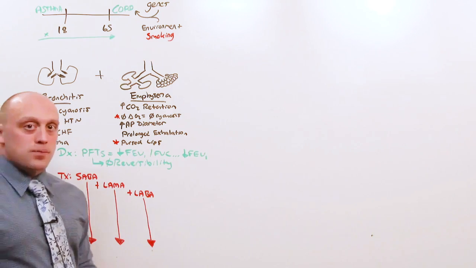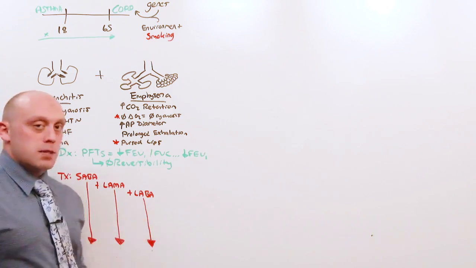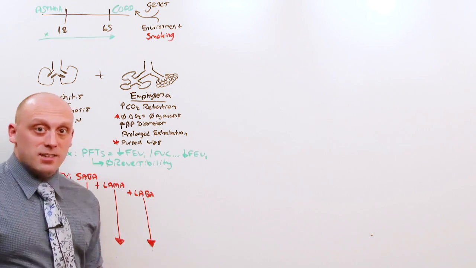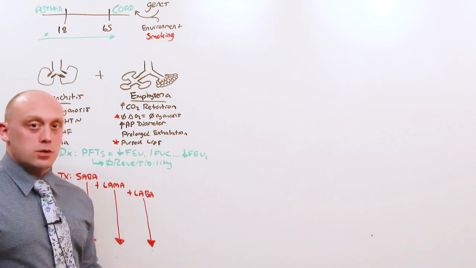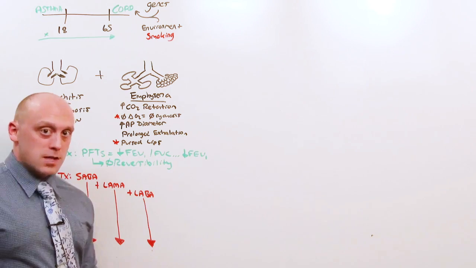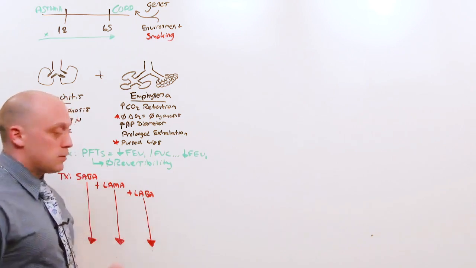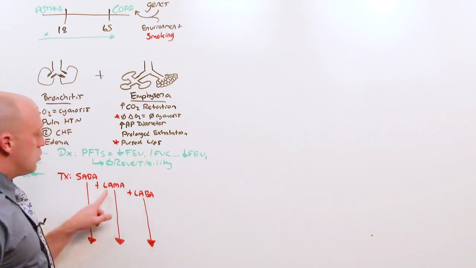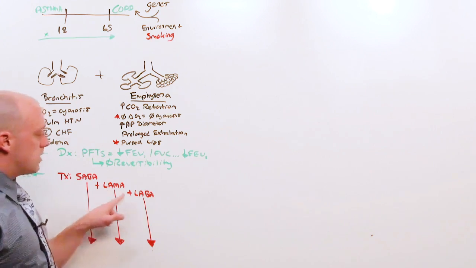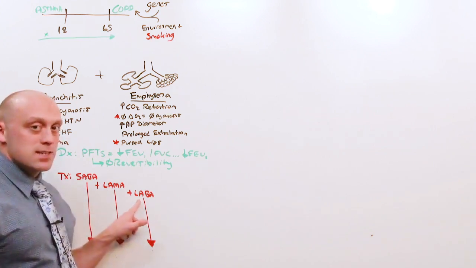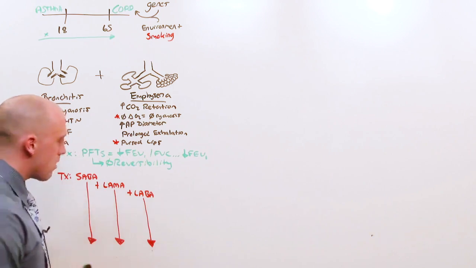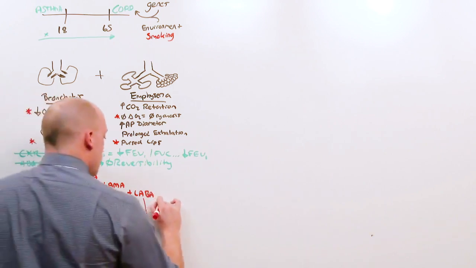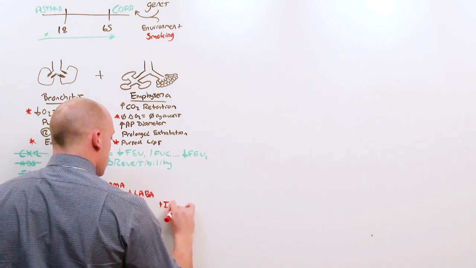If you remember from asthma, if you put someone on a long-acting beta agonist, they die. You must include inhaled corticosteroids first in asthma before adding a long-acting beta agonist. In COPD, you choose the long-acting muscarinic antagonist and add the long-acting beta agonist next. Only if that doesn't work do you add inhaled corticosteroids.